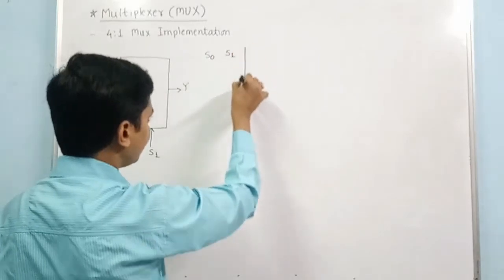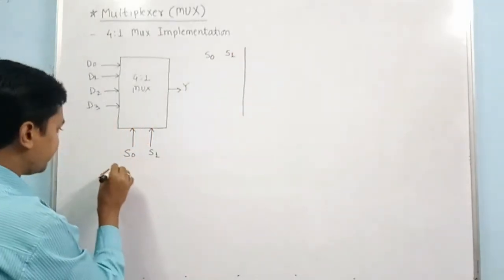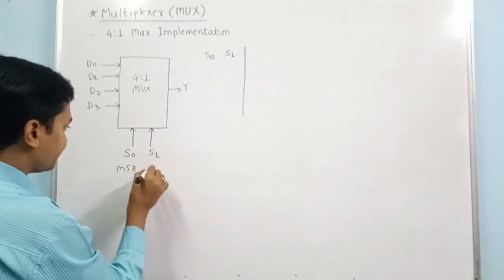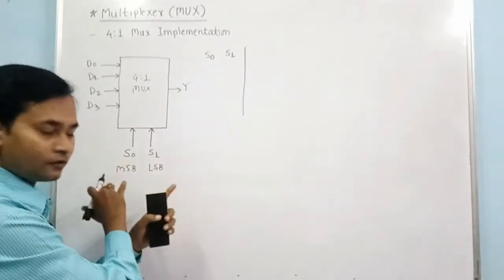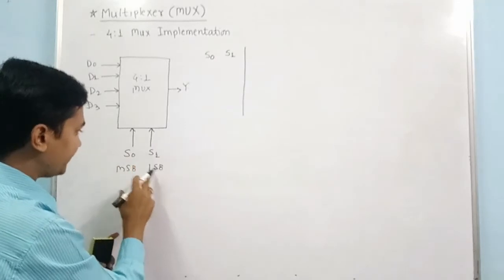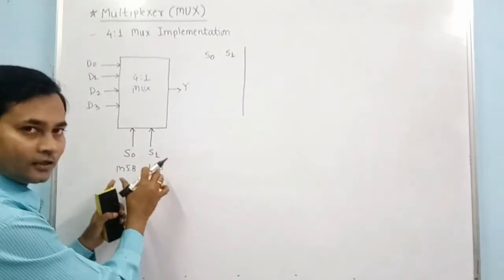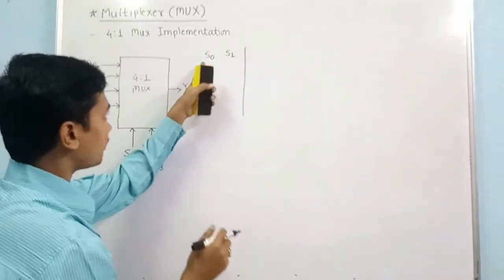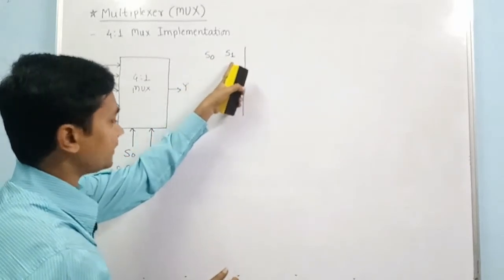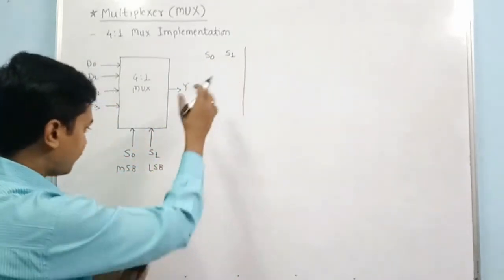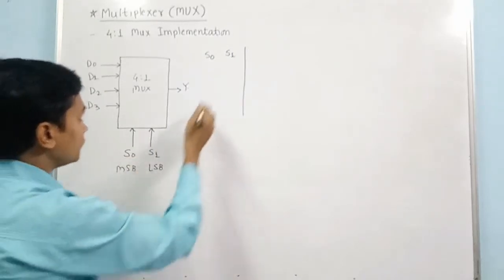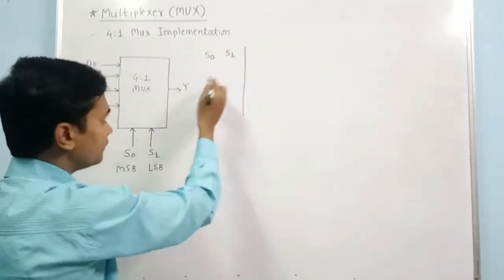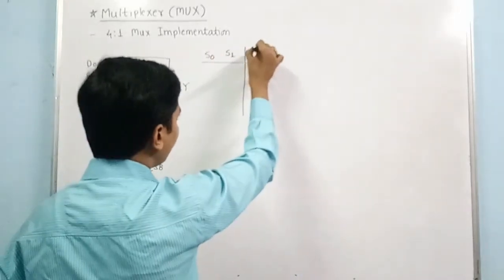Here I am considering S0 as MSB and S1 as LSB. You can assume the reverse also, S1 as MSB and S0 as LSB, and according to your assumption you should write S1 and S0 or S0 and S1. I am considering MSB as S0, so S0 is written at the left side, and the output is Y.